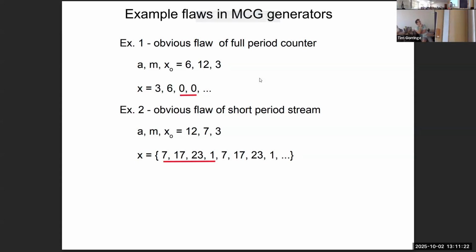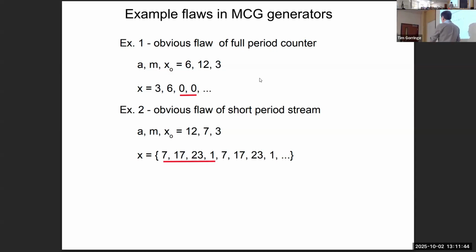These are two examples that I put in the notes where the value of A is not a primitive root. You're seeing that it's not a primitive root here because it won't generate all the random numbers in your random number space.